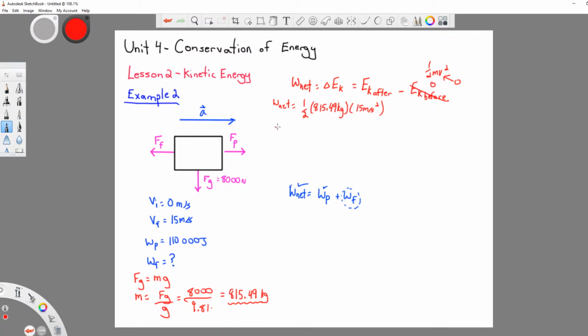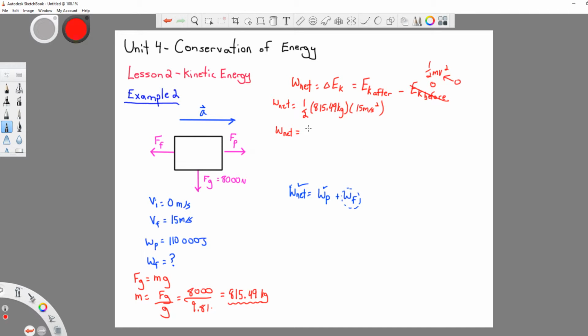So let's plug this into our calculator, and we get the net work done on this object to be, one sec, I have to punch this into my calculator: 15 squared times 815.49 divided by 2 gives me 91,742.43.